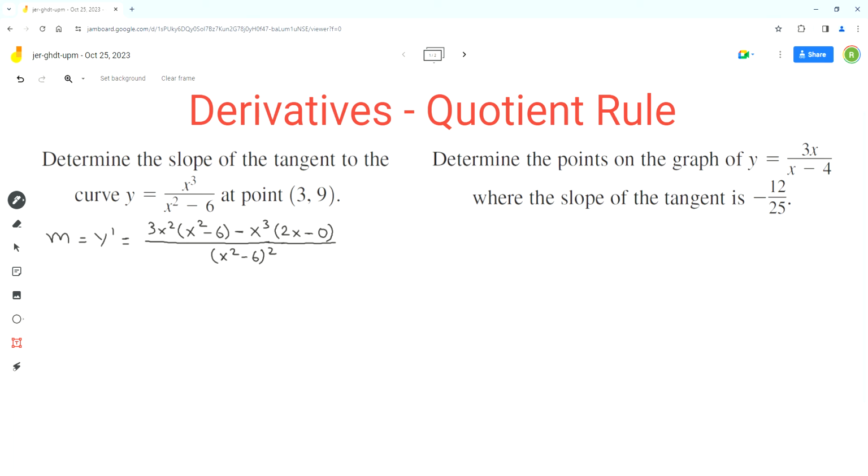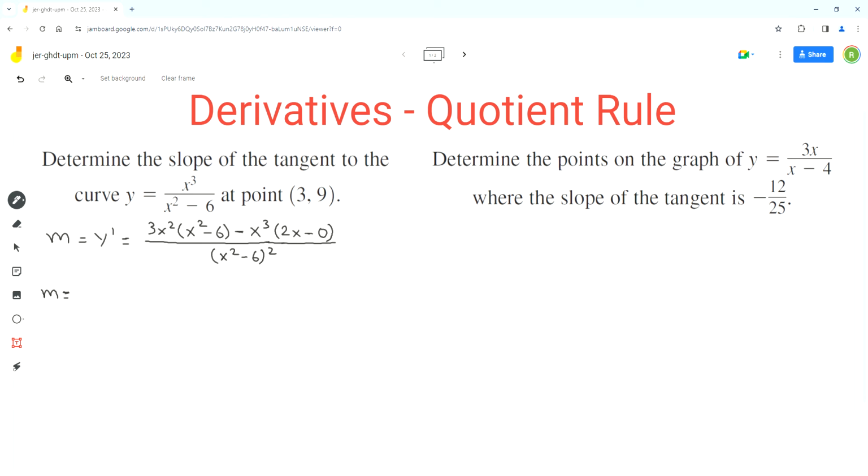Now we have to find the slope of the tangent at the point (3, 9). So in this step we can sub in x as 3. We don't have to simplify it first and then sub in the x point. If we do that, that will save us time and steps.